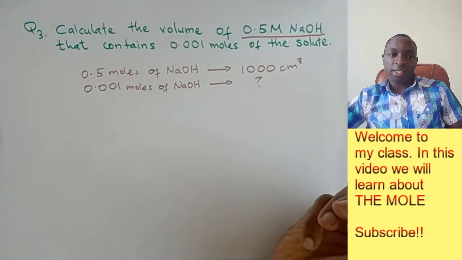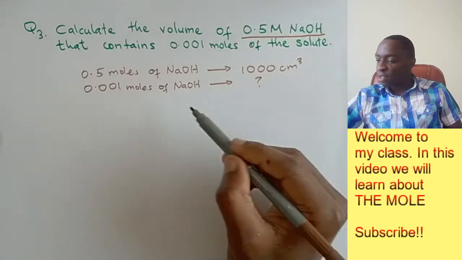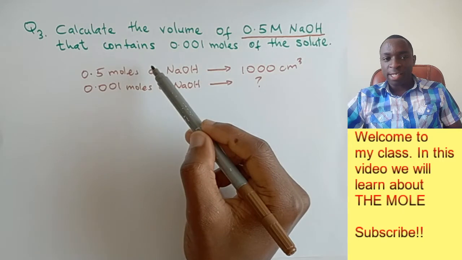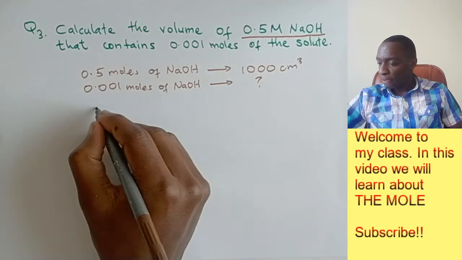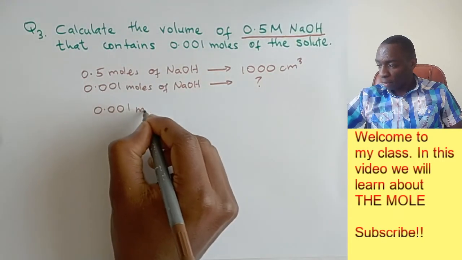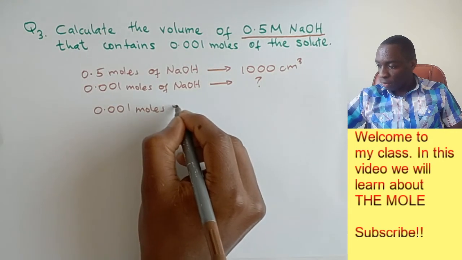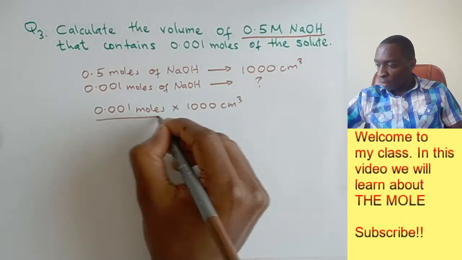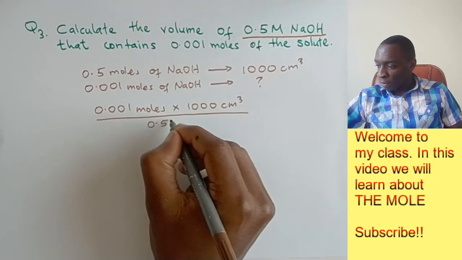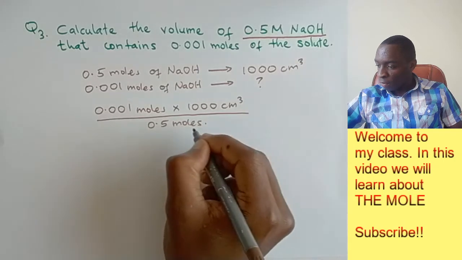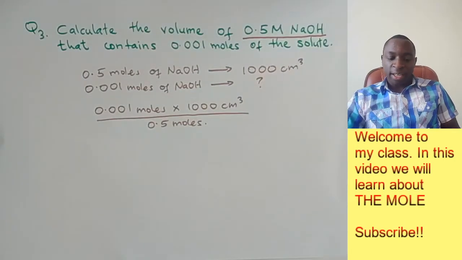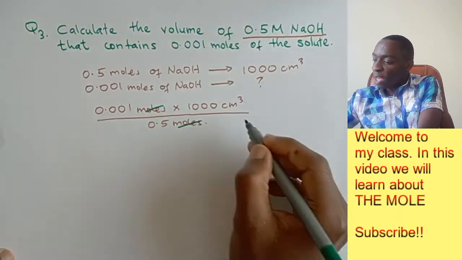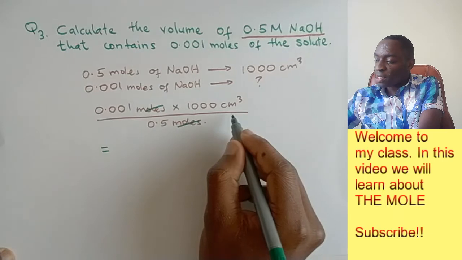So this is another case of cross multiplication, and you'll have that 0.001 multiplied by 1,000 divided by 0.5. So there again, you'll just punch this in the calculator and cross out your moles and end up with your answer there in cubic centimeters.